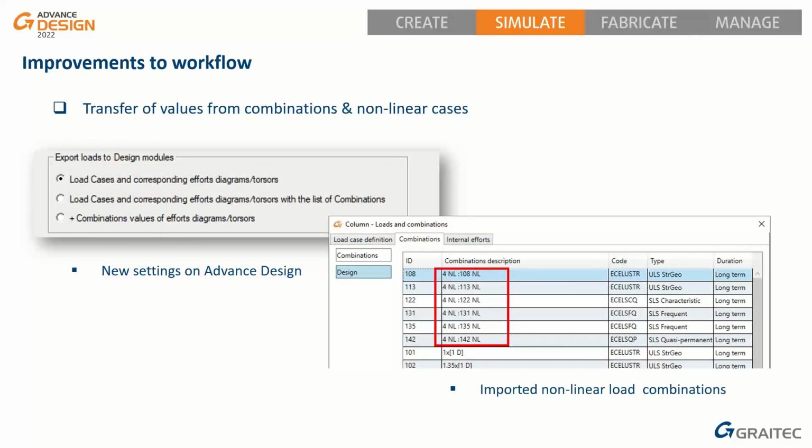Another improvement related to workflow is about the transfer of results from Advanced Design to design modules. Now we can select what we want to transfer, values from combinations or from nonlinear analysis cases.